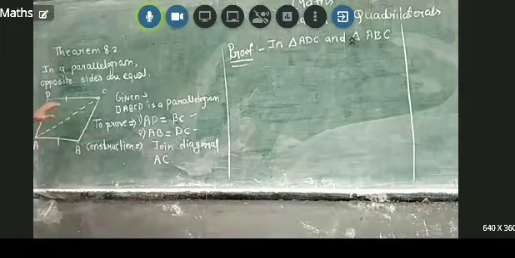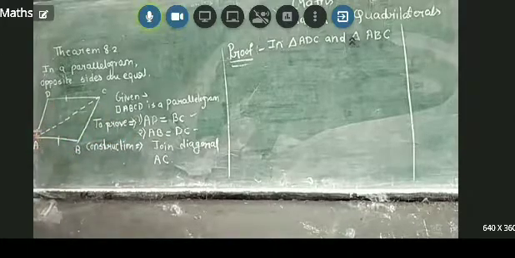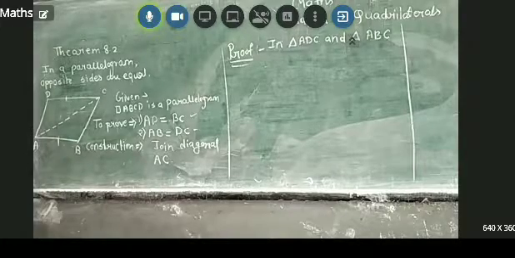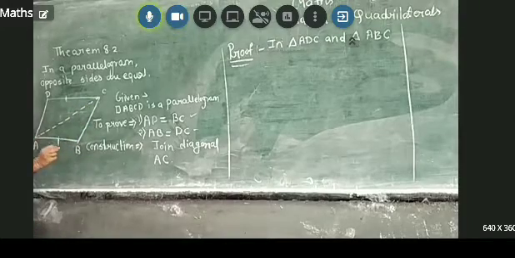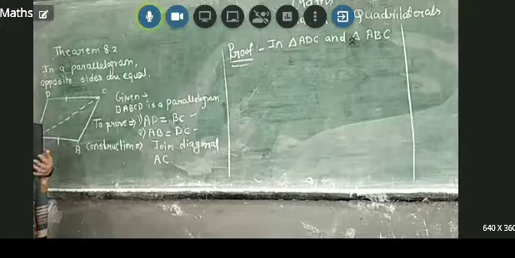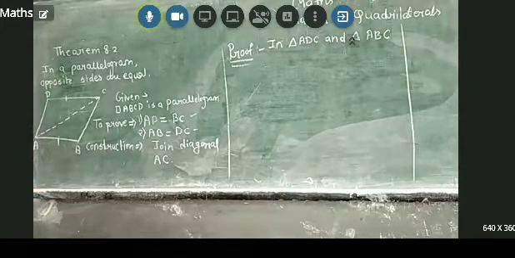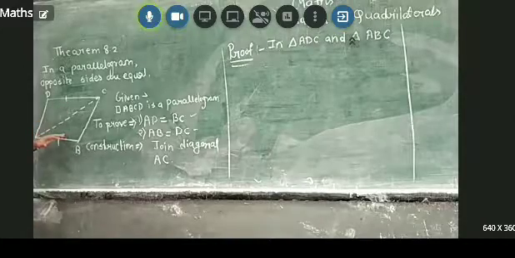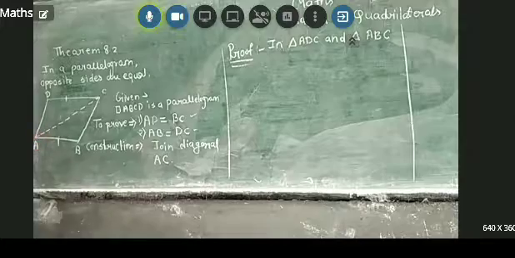So leaving this property, we will use the ones which are applicable here. In a parallelogram the opposite sides are parallel to each other. So when sides are parallel, some angles will form, which are corresponding, alternate or interior angles. By using those angles we are going to prove the two triangles are congruent to each other.